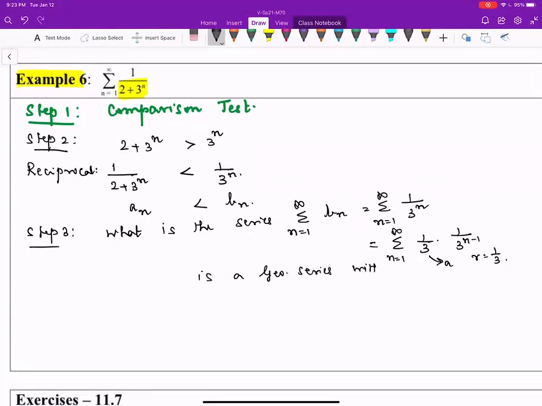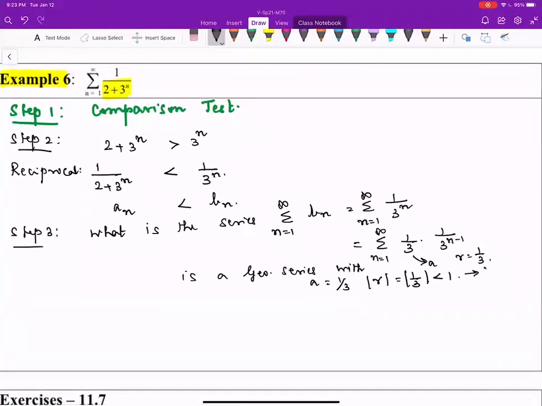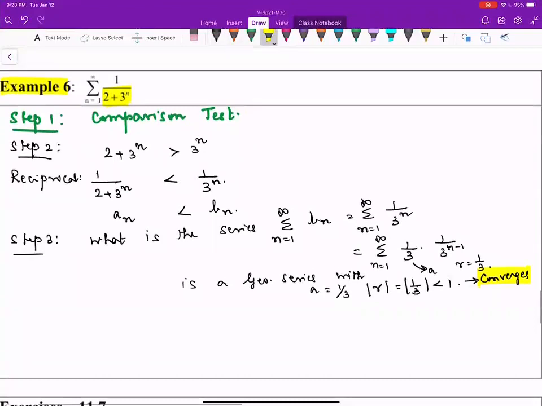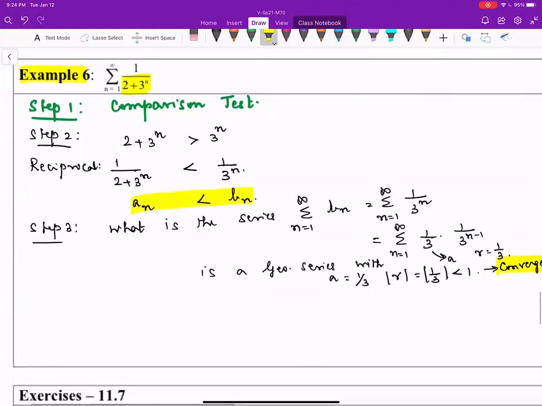with starting term 1/3 and common ratio whose absolute value is less than 1, and hence it's a convergent series. So you are comparing the given series with a convergent geometric series. And we also have this condition a sub n less than b sub n for every n.